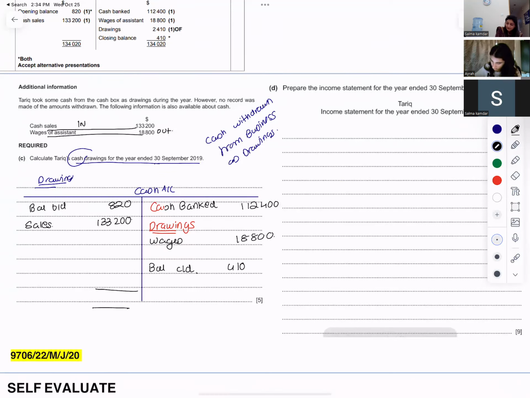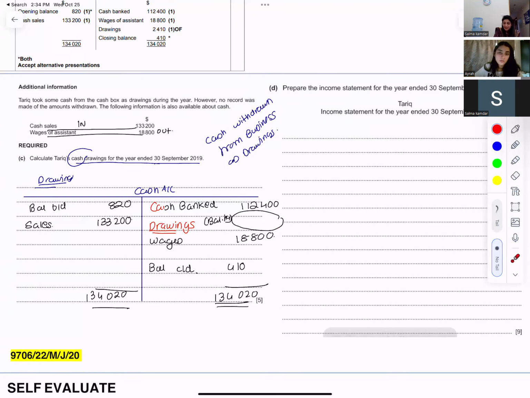What is the total of your debit? 134,020. Yes. So you will know your drawings as your balancing figure. 134,020 minus 112,400 less 18,800 less 410.